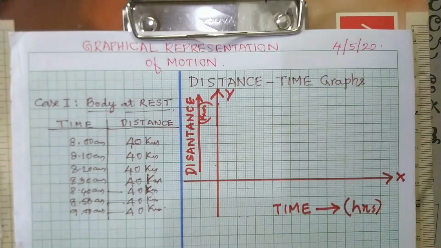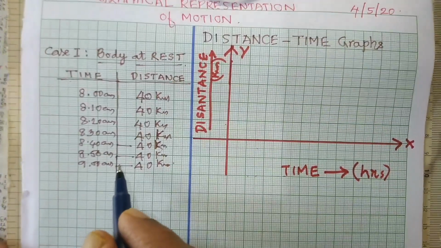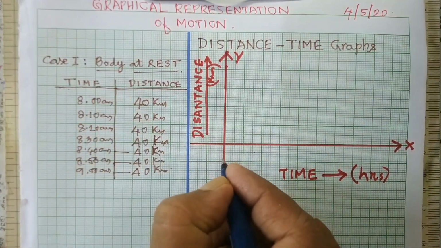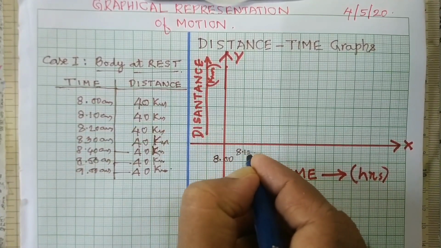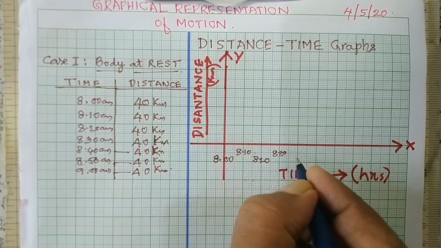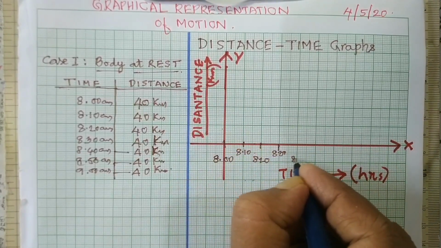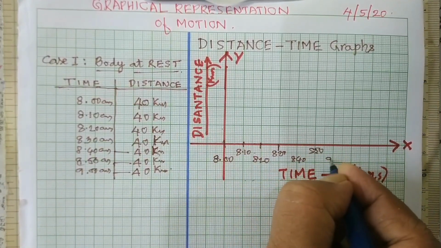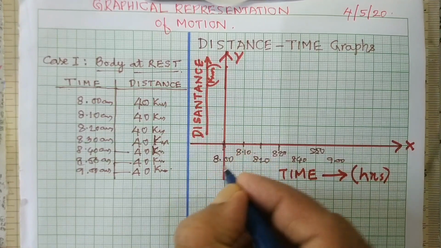Now let us write the values here. First, we start at 8 a.m. So we write it here, 8 a.m. Whereas this one is 8:10, this one is 8:20, this one is 8:30, then 8:40, then 8:50, and this one is 9 a.m. So I'd like to repeat, this is 8.